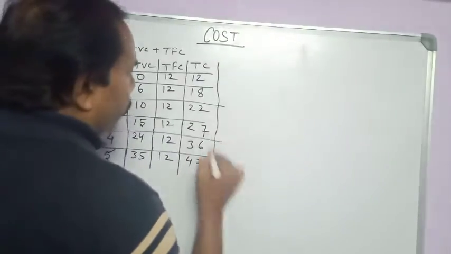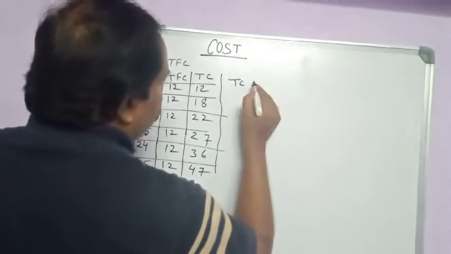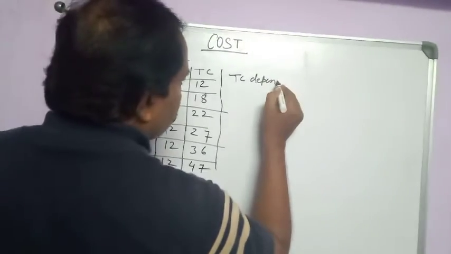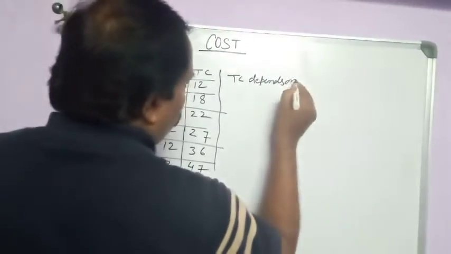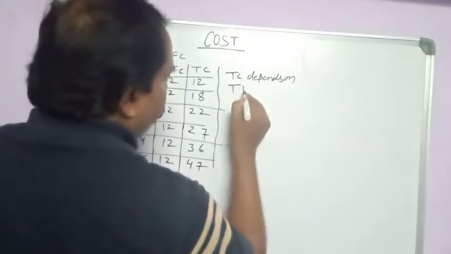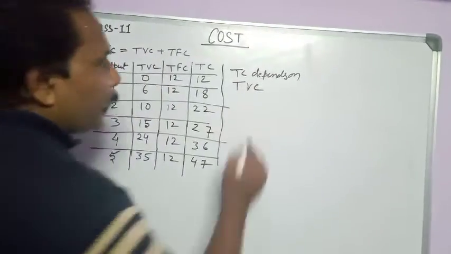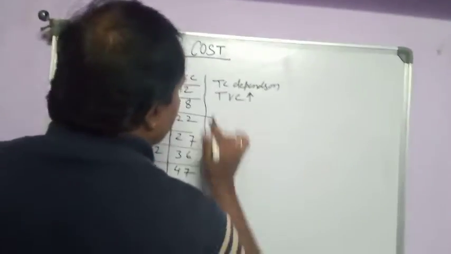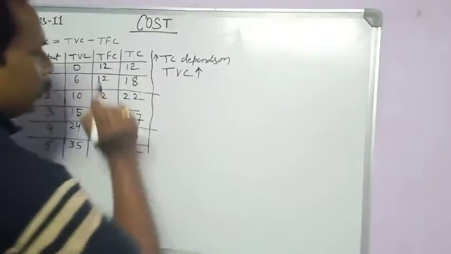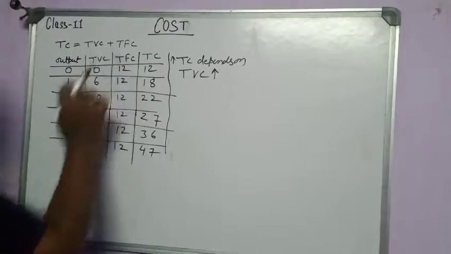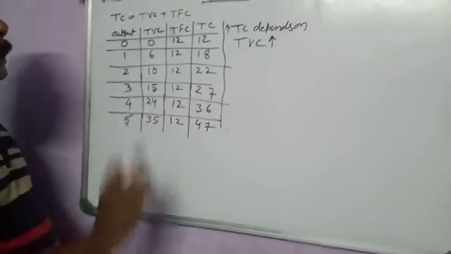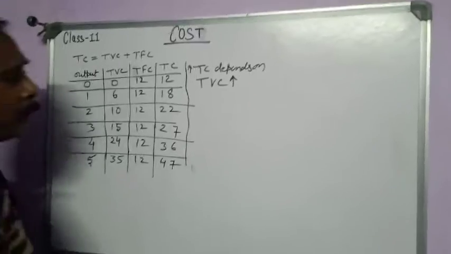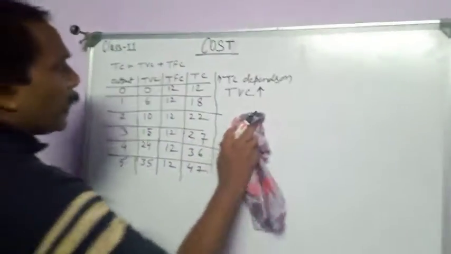Sir, we find that TC depends on TVC. So here the TVC is rising, that's why TC is also rising, because the TFC is constant at all levels of output. Clear?